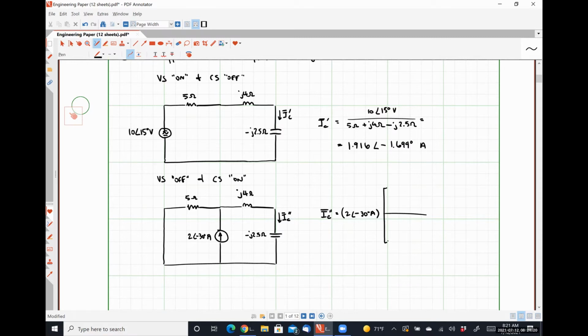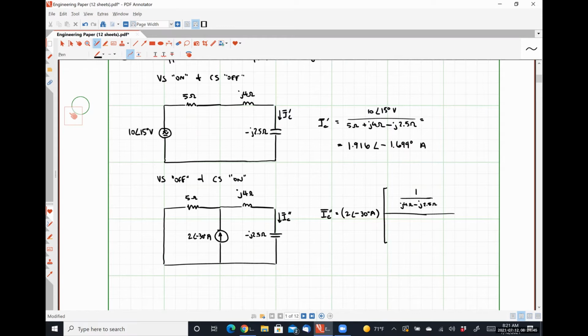And in my numerator, I'm going to have the reciprocal of the impedance of the branch that I'm interested in. So in this case, that would look like 1 over j4 ohm minus j2.5 ohms.